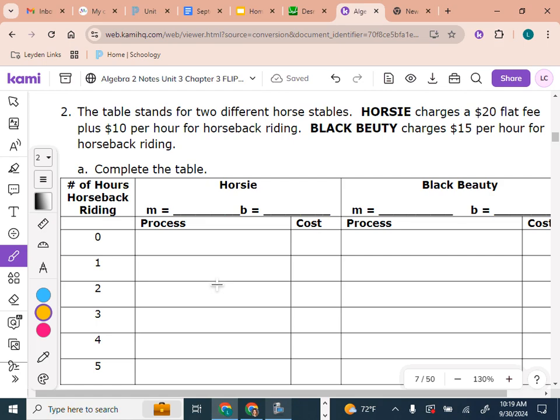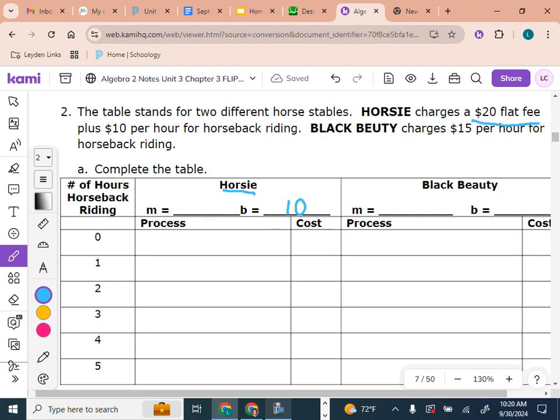So you have two places, Horsey and Black Beauty. Okay, Horsey charges a $20 flat fee plus $10 per hour for horseback riding. Okay, so what is my M here? What's my slope? 10. 20 is a flat fee.